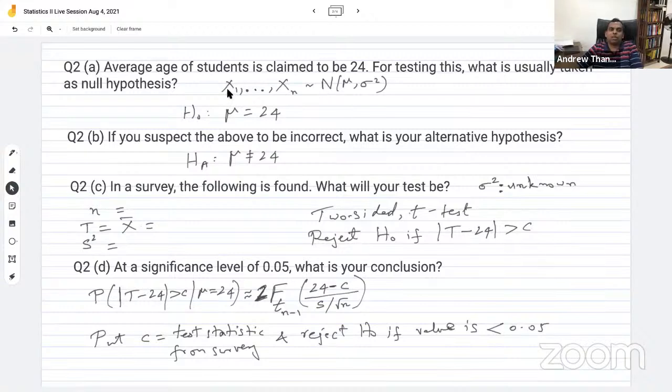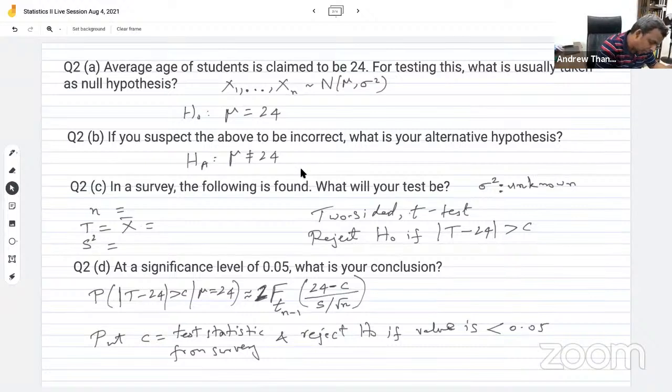Okay, so the assumption I'm making is the n survey sample points I got were normal with mean mu, variance sigma squared, and my null hypothesis is mu equals 24. The average is 24. I'm suspecting it to be incorrect, so my alternative is mu not equal to 24. And what were the results of my survey? We just did this, right? Let me just go ahead and write the results of my survey.